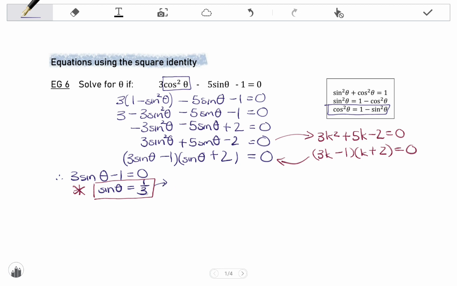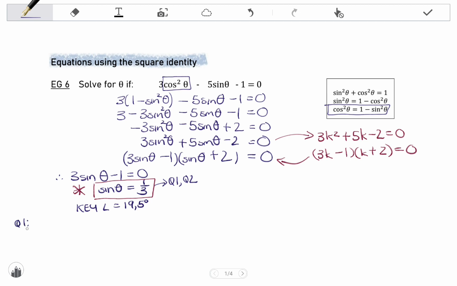So sine is equal to a positive value here, so we are looking at quadrants 1 and 2 where sine is positive. Find your key angle, and to find the key angle you would put shift, second function, sine of a third, and that would give you a value of 19,47 odd, so that rounds off to 19,5 degrees.